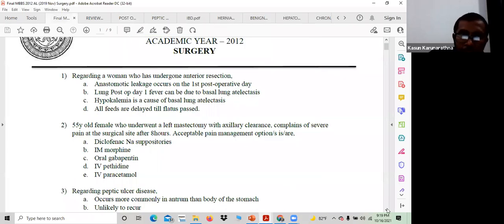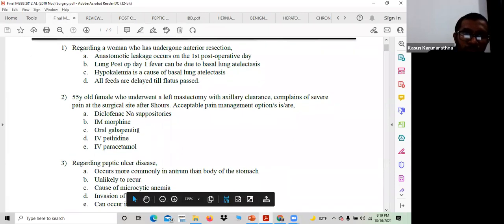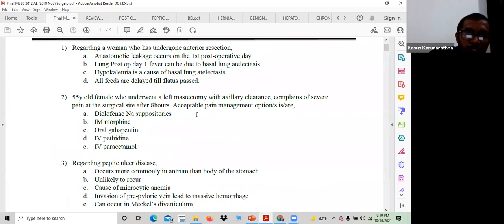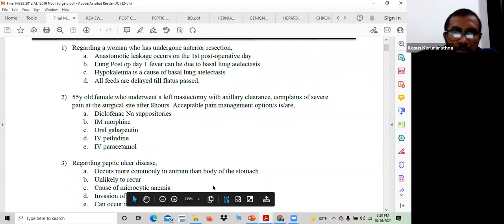We took oral gabapentin as a false answer because of acceptable pain management options, this is just 8 hours after the surgery, right? It's a second line treatment, but you can't get much from it.